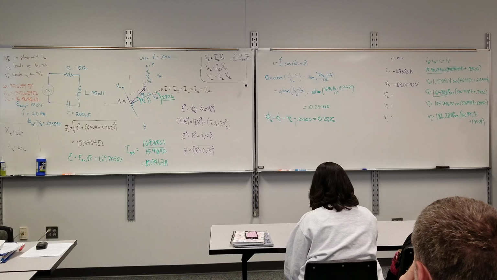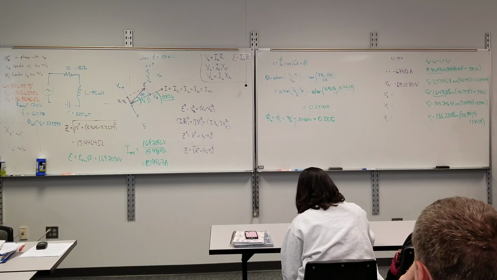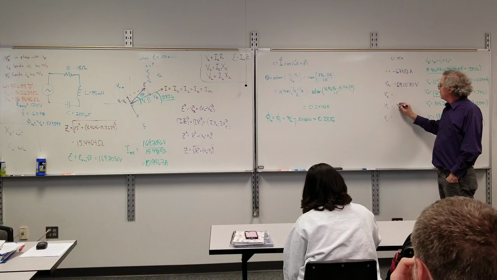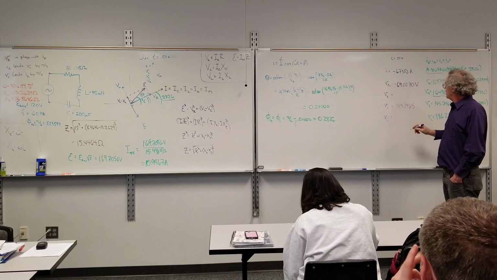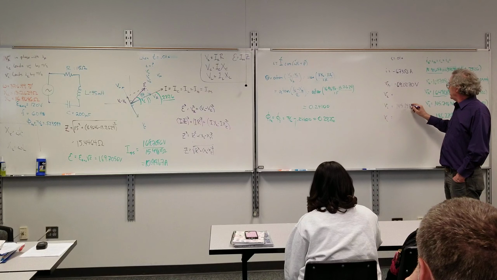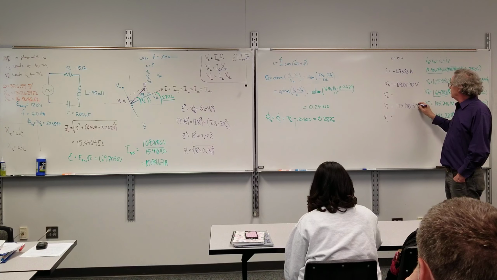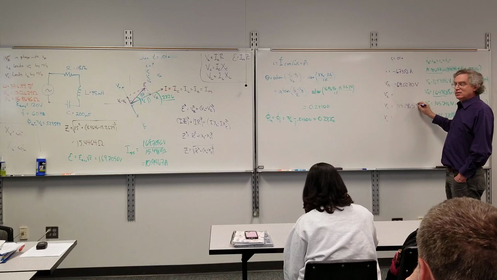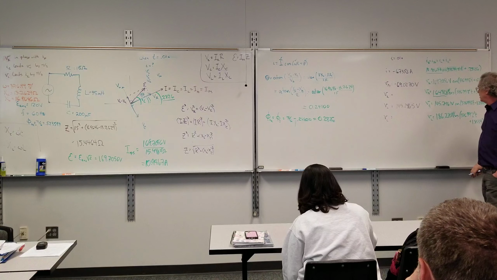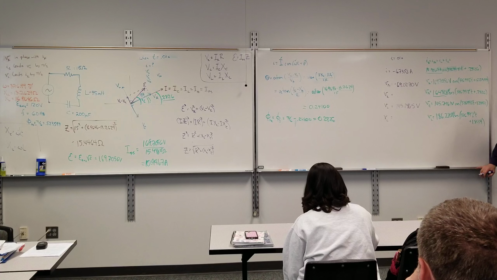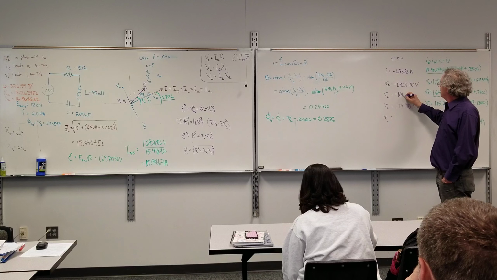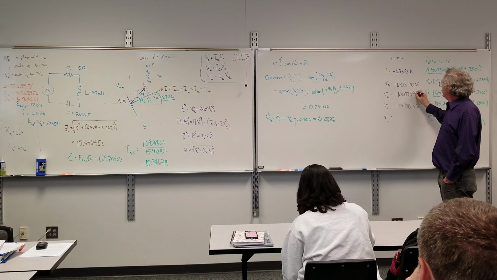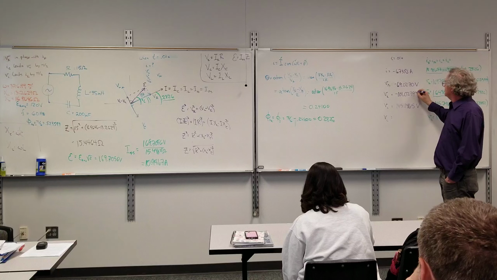For VC, the fourth one, I got 145.14865 volts. For VR, it's negative 101.0279 volts.